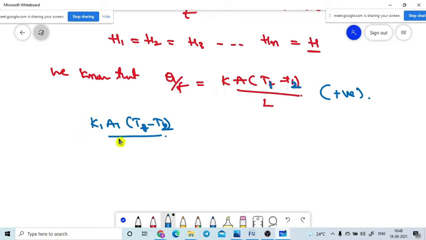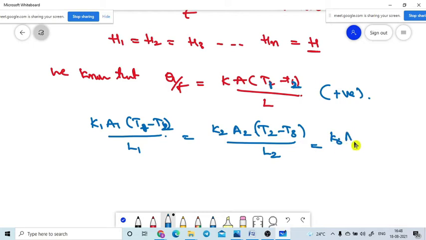So I am taking the positive term: K1 A1 (T1 minus T2) divided by L1. In the similar manner, K2 A2 (T2 minus T3) divided by L2. After that, K3 A3 (T3 minus T4) divided by L3, plus and so on.